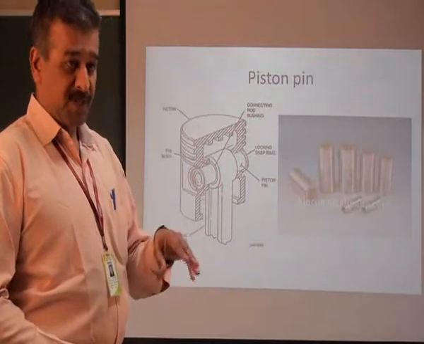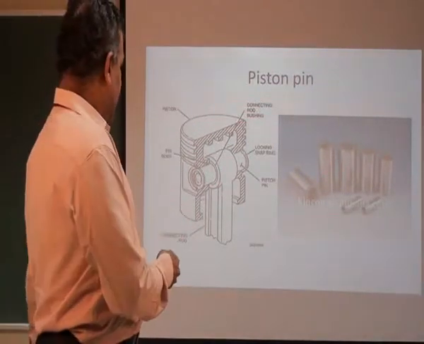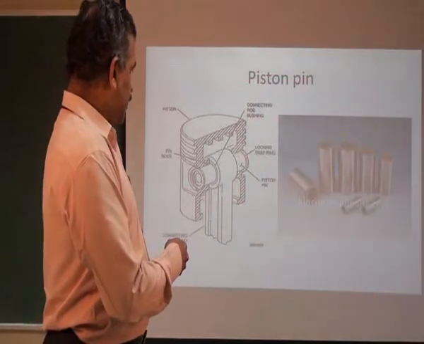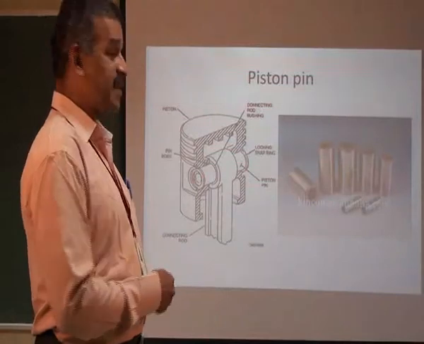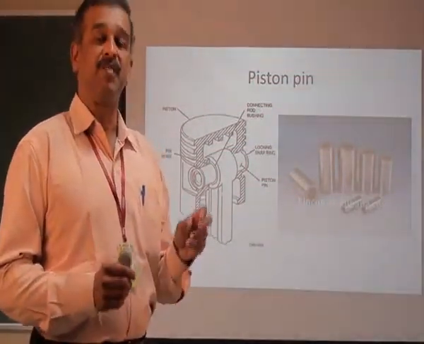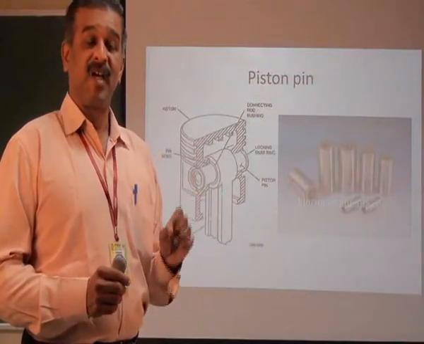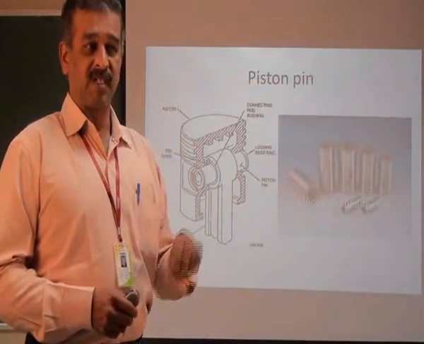So the up and down motion of the piston has to be linked to the connecting rod. The amount of energy exerted by this will be much more. That's why the thickness of the pin, that is the piston pin, is made thicker, so that it can withstand whatever amount of energy is being exerted.